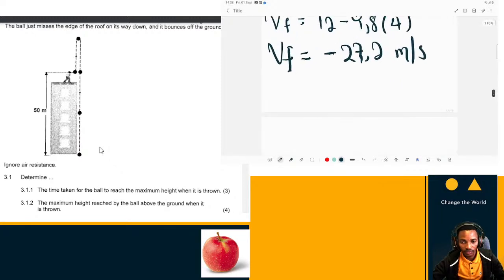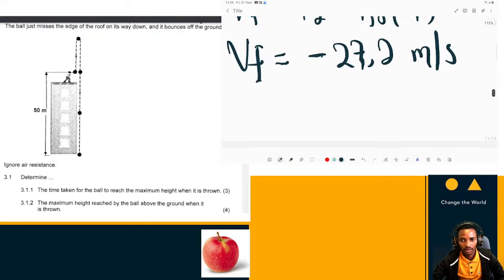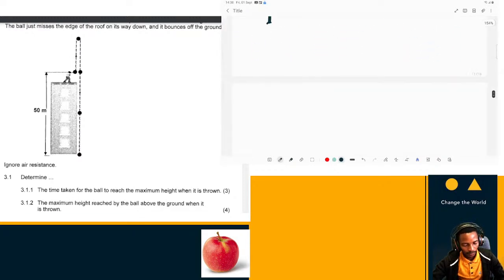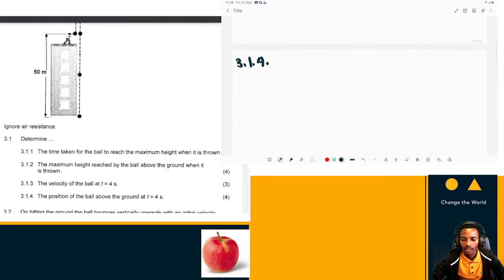Then 3.1.4. Determine the position of the ball above the ground at 4 seconds.